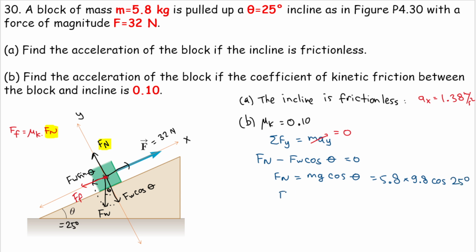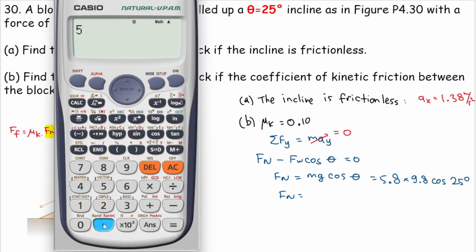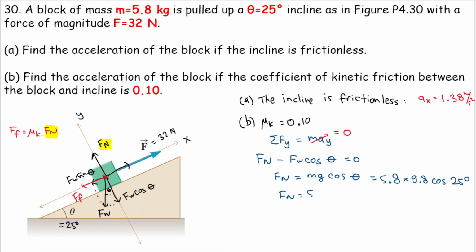So the normal force will be 5.8 times 9.8 times cosine of 25, and I will have 51.51. The unit here will be Newtons. Okay, maybe let's save this and clean this up because I need some space here.